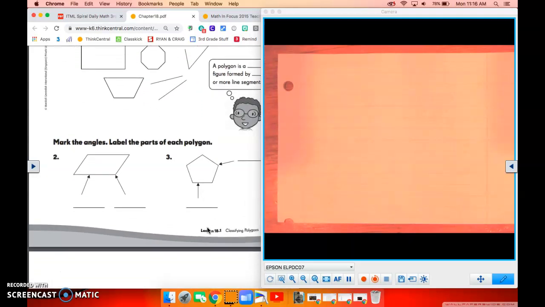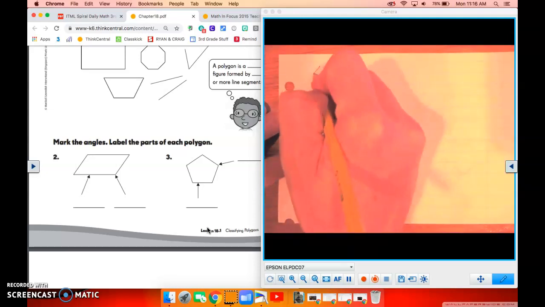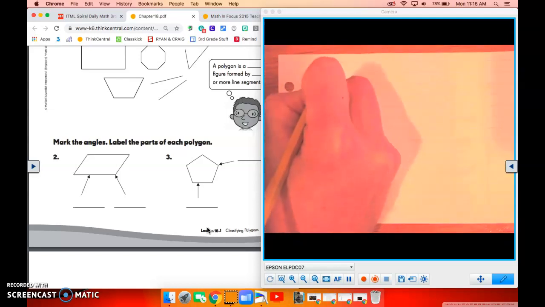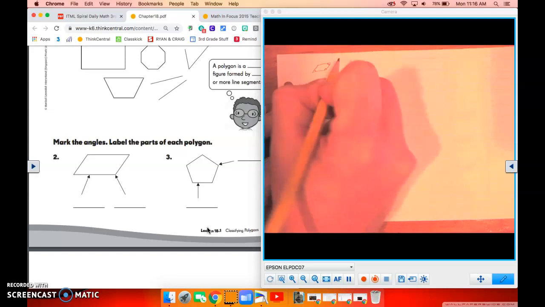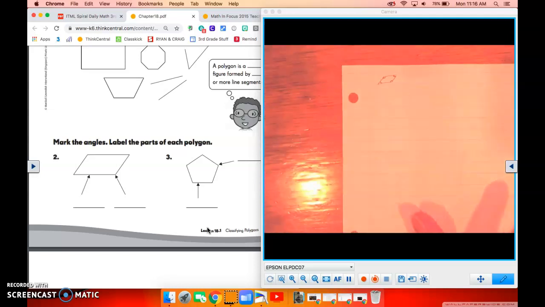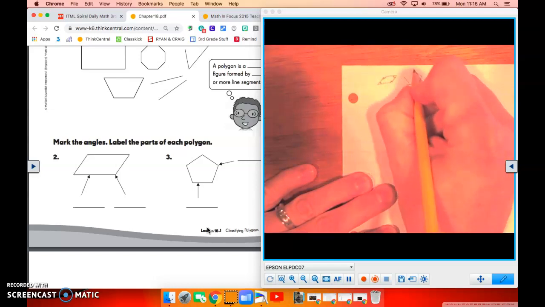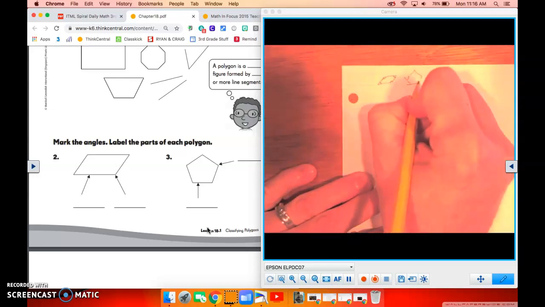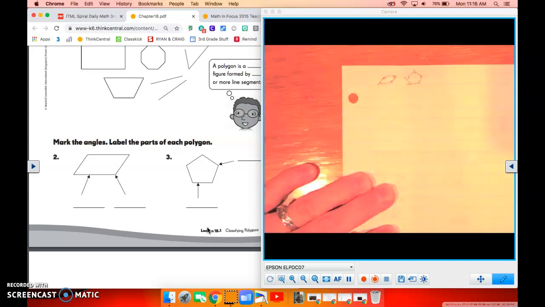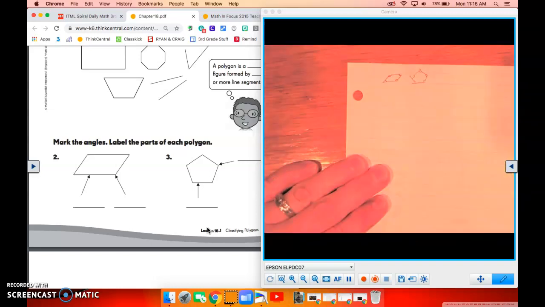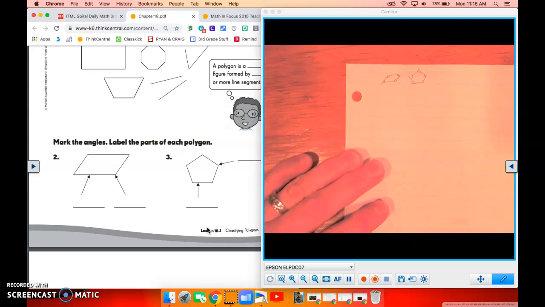Let's come on down here. 2 and 3 say mark the angles, label the parts of each polygon. For all of the angles, you can just make a little circular line here, okay? Kind of like that. Or on this one over here, those are all of the different angles, and they're on the inside, going from one line segment to the next. That is part of an angle, okay?